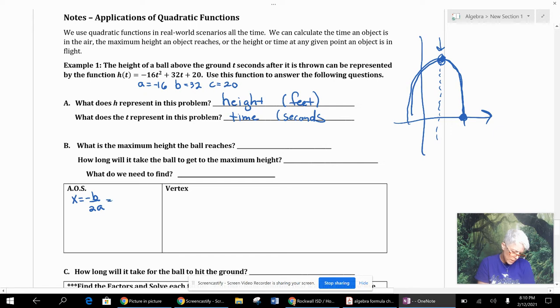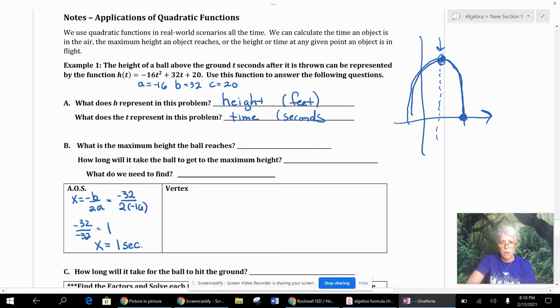So if I have a negative b, that's going to be a negative 32, over 2 times a negative 16. That becomes negative 32 over negative 32, which becomes 1. So x equals 1 second.